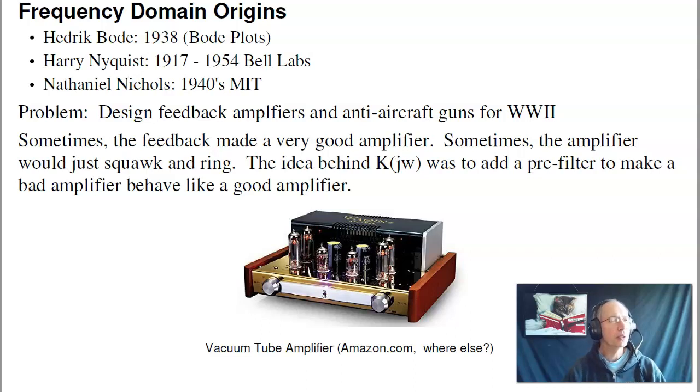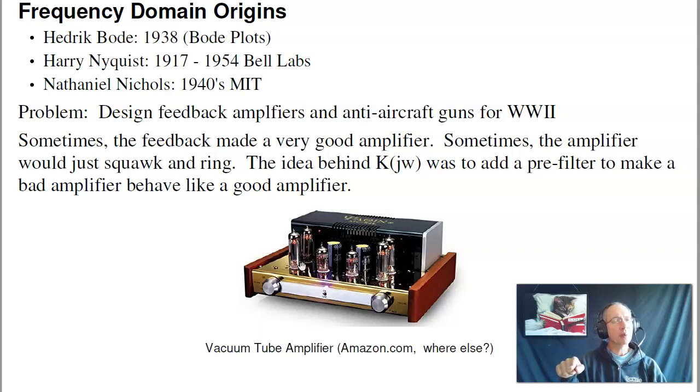Now, this technique actually predates root locus and goes all the way back to the 1930s and World War II. The problem they were looking at back then is primarily twofold. One, if I have a vacuum tube amplifier, vacuum tube amplifiers have a gain which varies with frequency, and that causes distortion. To get rid of that distortion, I'd like to use feedback to make the closed loop gain a constant like 1.